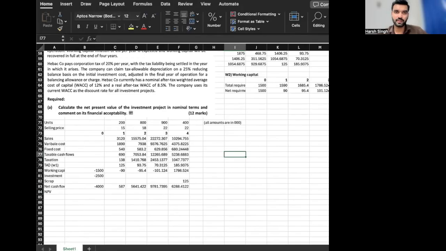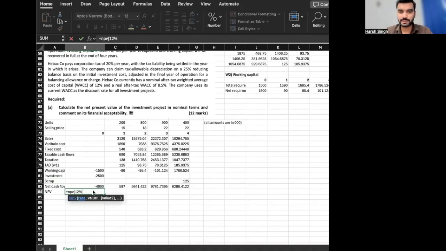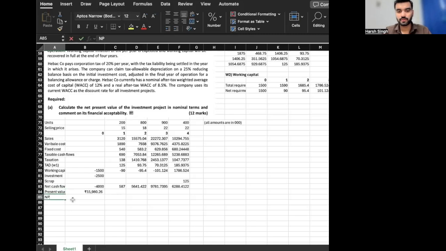We are going to use the nominal one. So your NPV will be equal to NPV, bracket open, 12%, comma, the values I'll take from here. So this will be my present values. So my net present value will be this amount minus this amount, so I'll add it over here. 11,980 will be the net present value of this project.